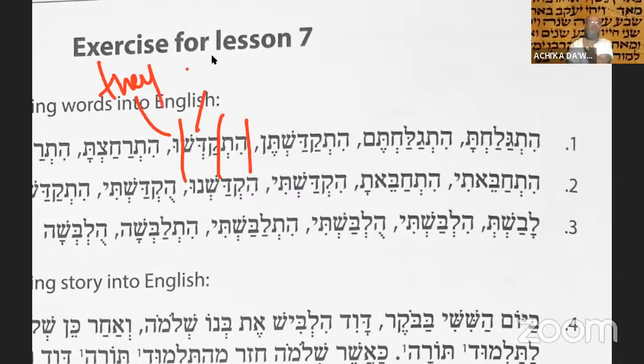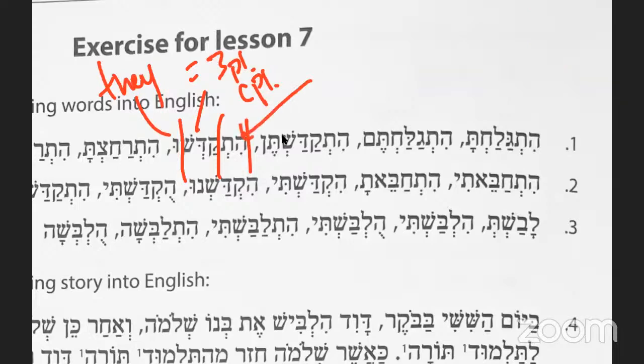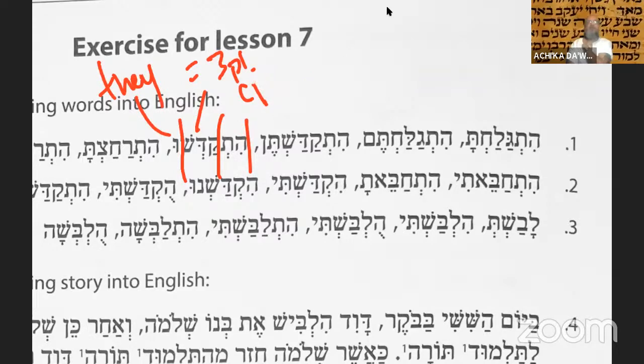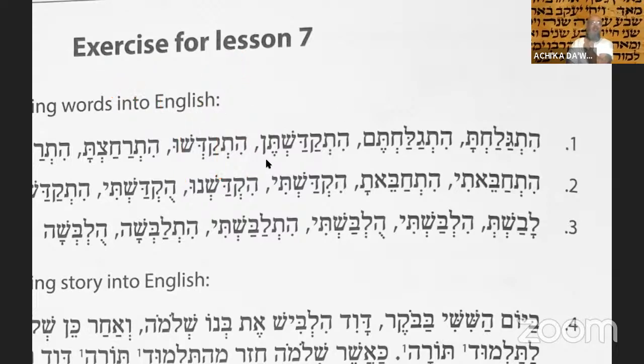And they is third person plural, and it's common plural, because with they, you don't know if it's male or female. They don't distinguish that. And it says they sanctified themselves.